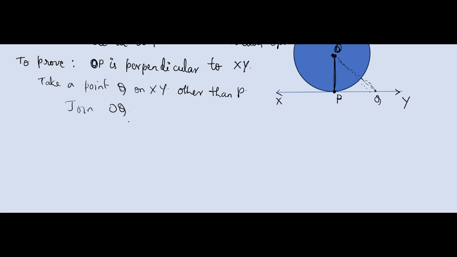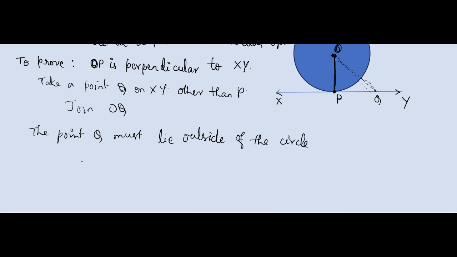So what will happen then? We will write that since the point Q must lie outside of the circle. The reason I have told: this XY will not become a tangent, it will become a secant. So Q must stay outside.